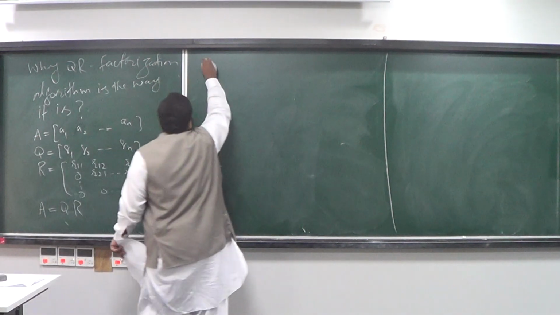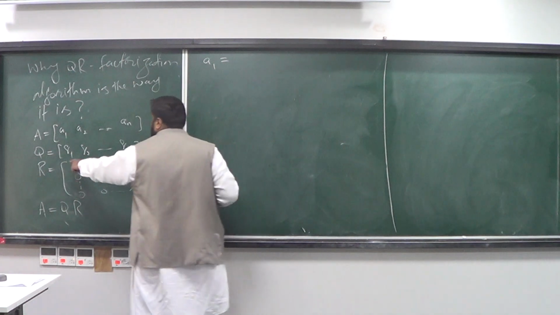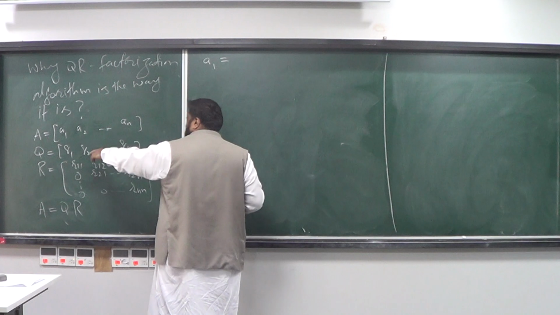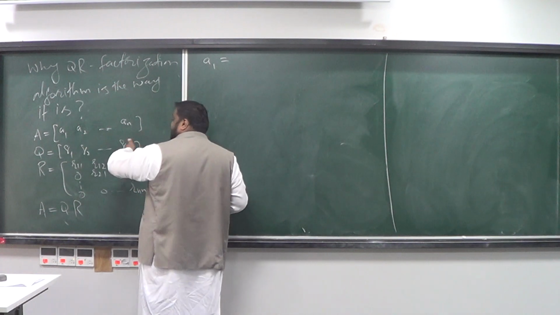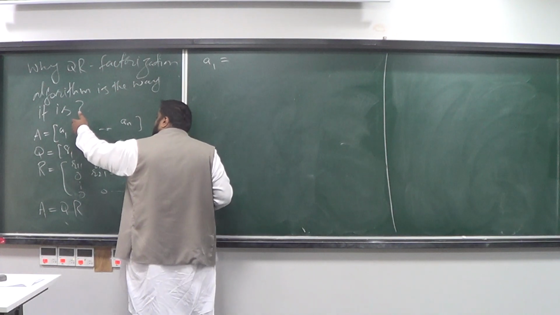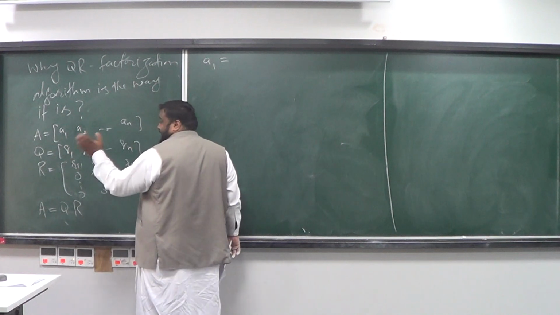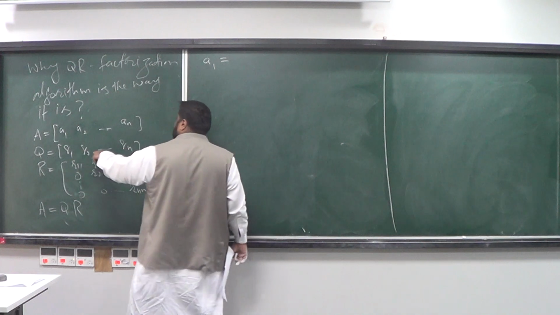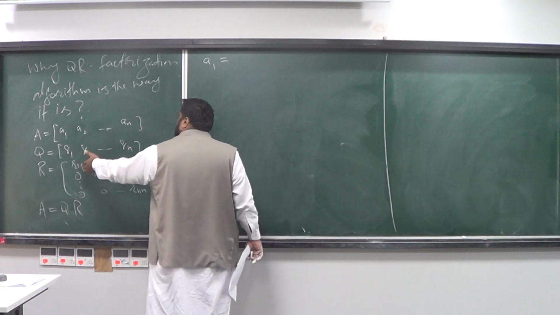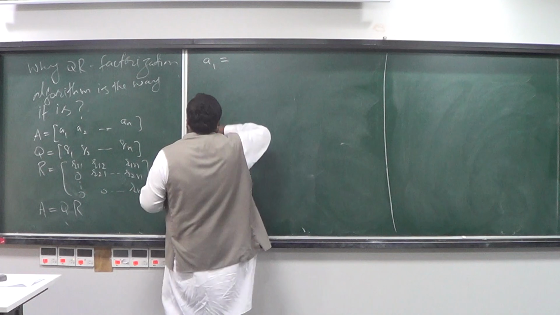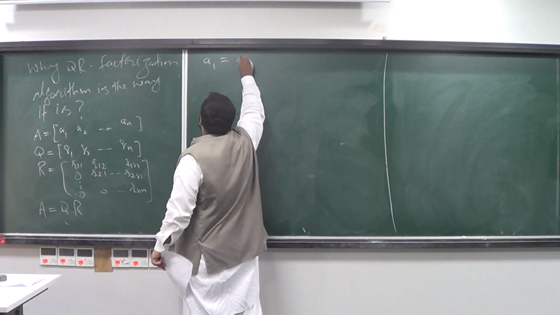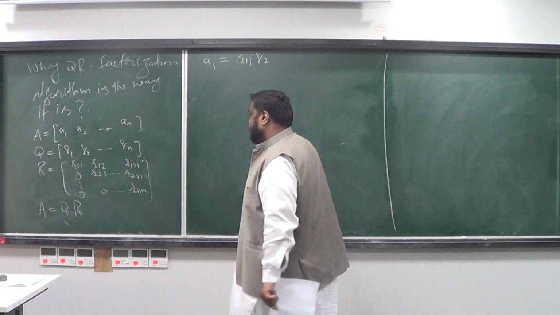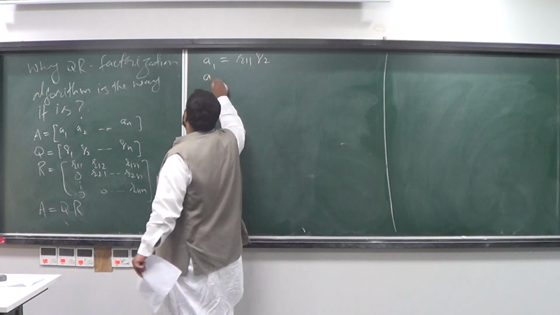So I would say A1 is equal to taking this row vector, where each entry is a column vector, and multiplying with the first column. So your A1 is going to be R11 multiplied by the vector Q1. What is going to be A2?